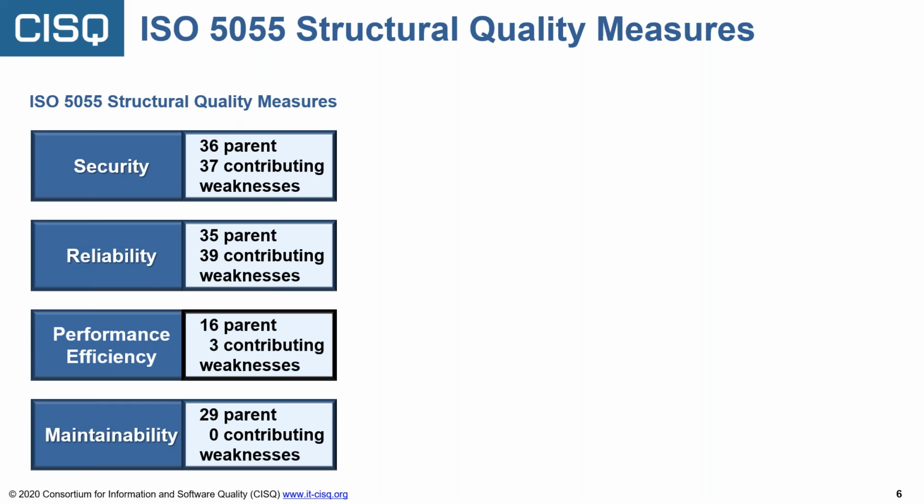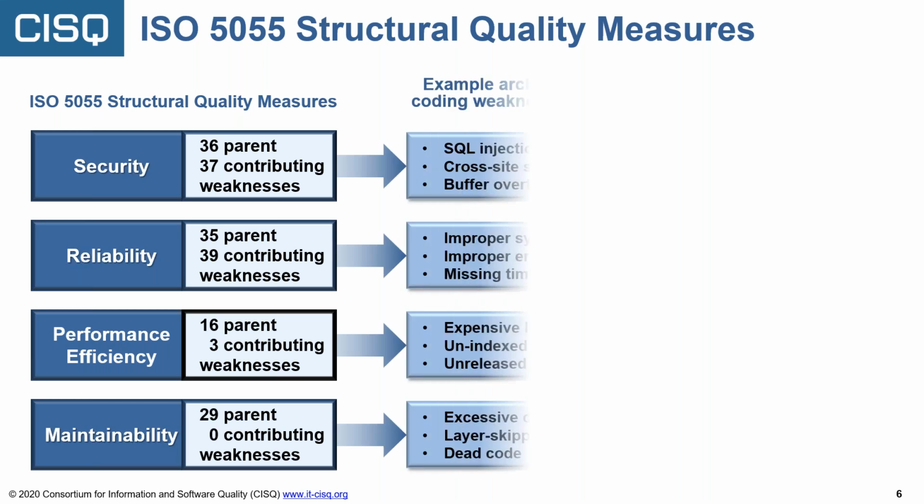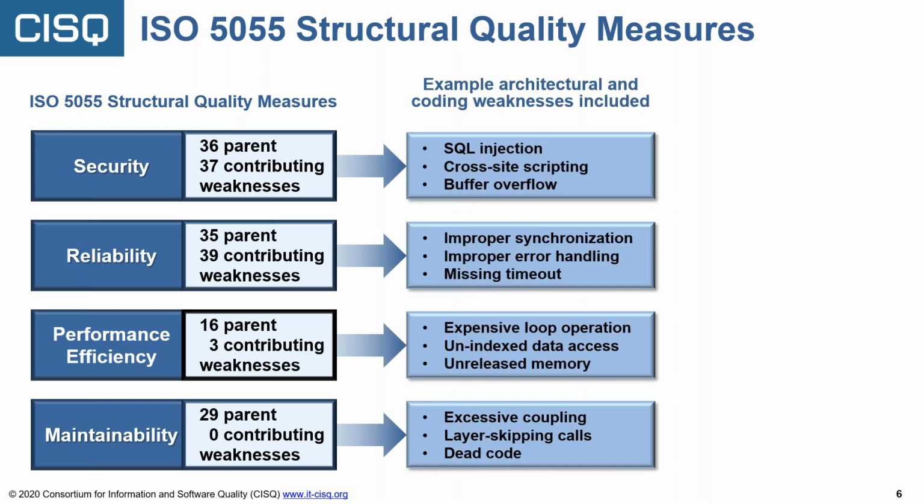You can see here we have the concept of parent weaknesses and contributing weaknesses, and that's because these are all represented in the common weakness enumeration, which identifies a parent weakness which may have some contributing weaknesses under it. For instance, if you look at the security measure here at the top, one of the examples of a weakness that we would incorporate into that security measure is a buffer overflow.